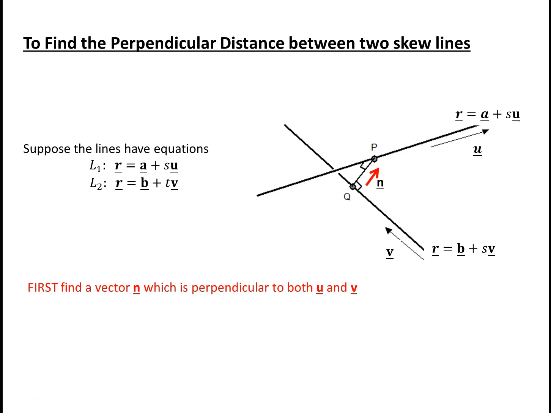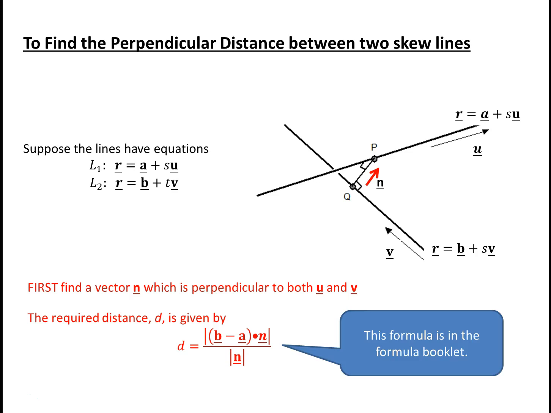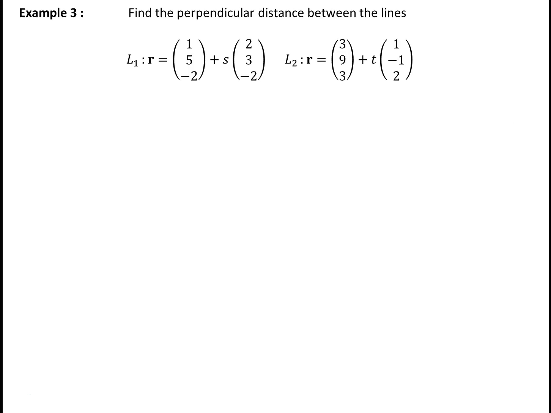Having found that vector n, we can say that the required distance is given by the formula d equals the modulus of the scalar product (b minus a) dot n divided by the size of the vector n. And that formula is given in the WJEC formula booklet. So let's see this actually in practice.